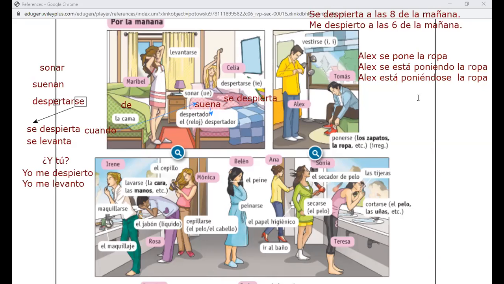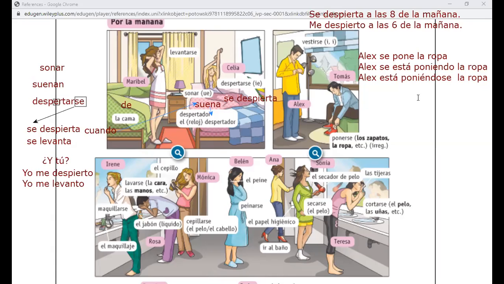¿Quién se pone la ropa? Use the same verb I'm asking you in the question, and that will help you. Alex se pone la ropa. Muy bien. ¿Quién se pone los zapatos? Zapatos.